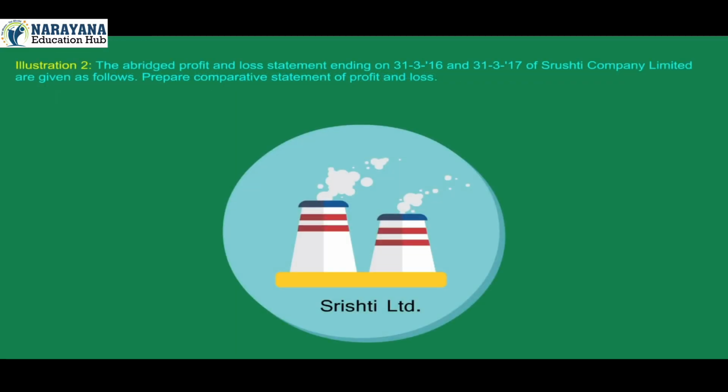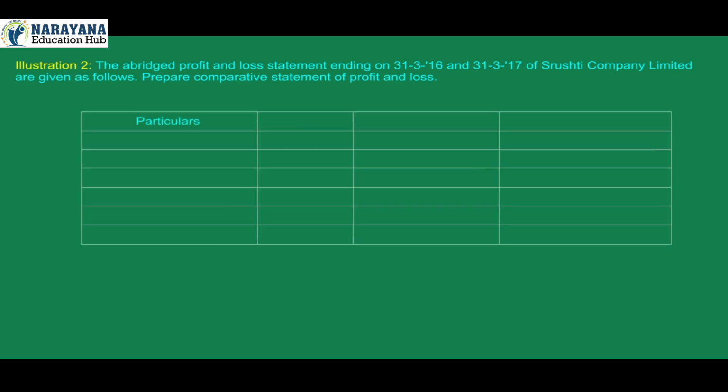Illustration 2. The profit and loss statements for the years ending on 31st March 2016 and 31st March 2017 of Srushti Company Limited are given as follows. Prepare comparative statement of profit and loss. Particulars, Note number, 31st March 2017, 31st March 2016. Sales revenue 25,35,000, 19,50,000.